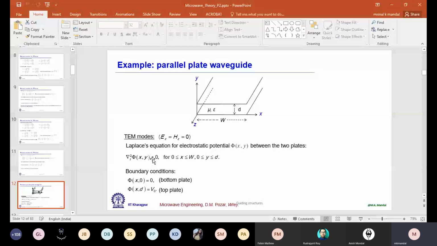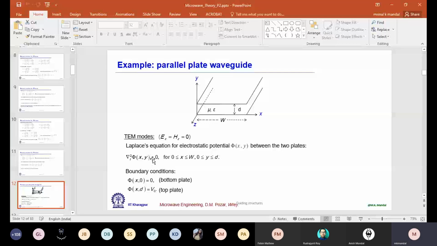In general, let us consider the medium is represented by mu and epsilon. It is a dielectric medium, so sigma equal to 0. So we have metal at y equal to 0 and at y equal to t. Other than that, we have dielectric medium.